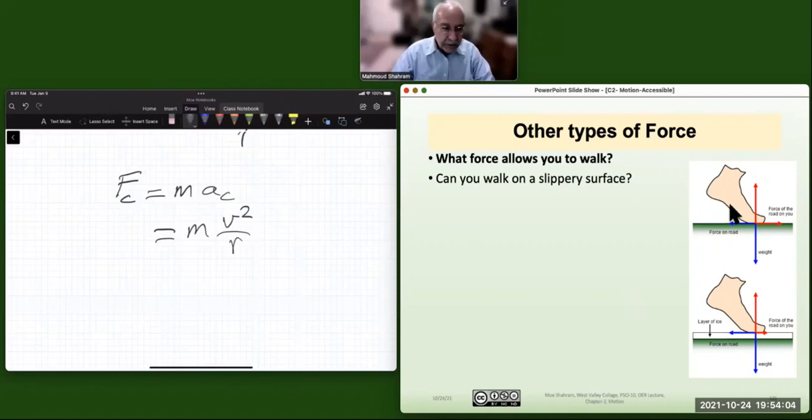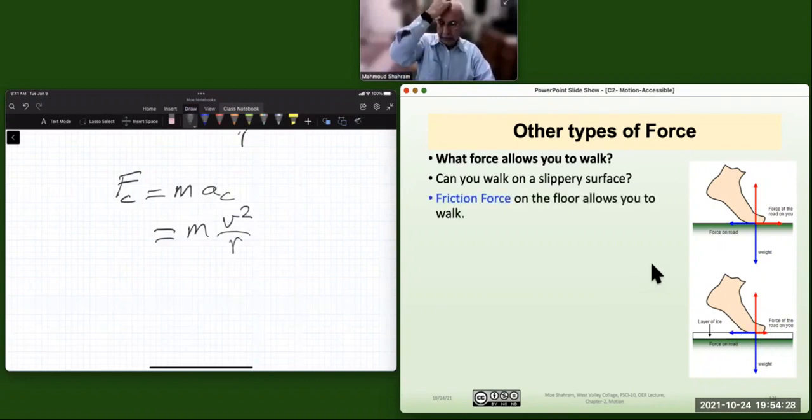Of course, these other forces are there, but this one has to do with your weight, which is balanced out with the one that is called normal or support force. So these two don't do anything, but this one causes you to move. But if you're on a slippery surface, no friction, then you won't be able to walk.